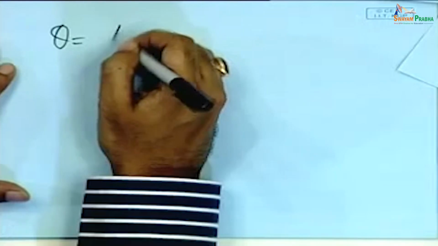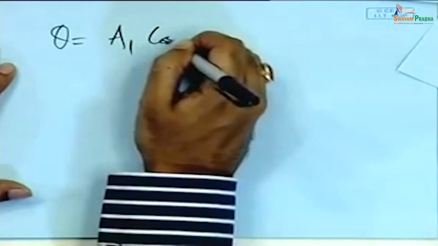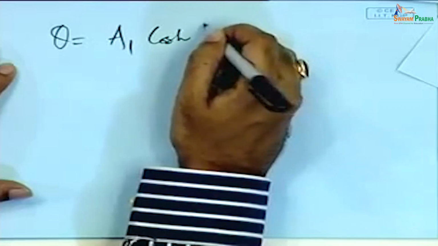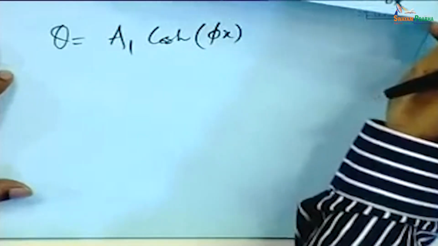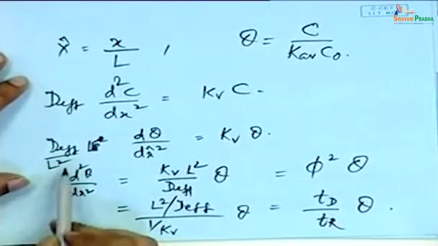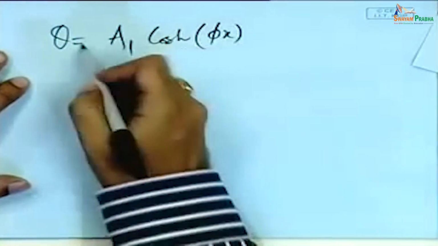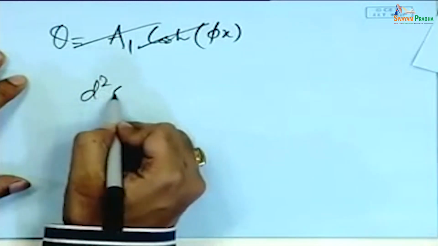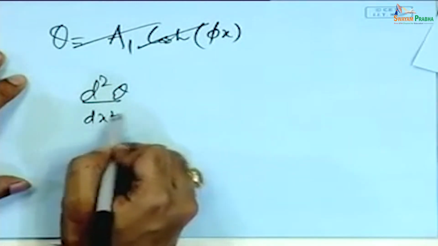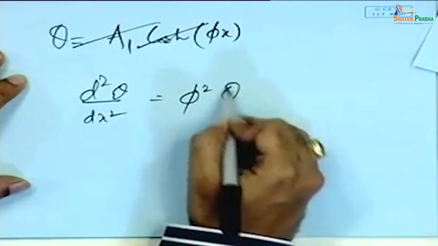So, if you write theta as, say, a1 cosine hyperbolic phi x, because if you look at your reaction equation over here, there is del 2 theta. So your equation over here is del 2 theta del x square equals phi square times theta, right?